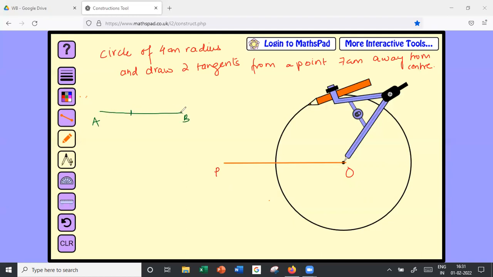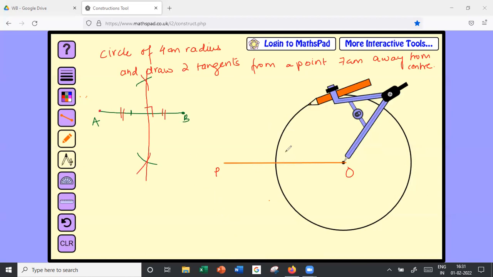Then you keep it at point B and cut one arc on this side. Then you keep it at point A and cut one arc here, and you join these. So this becomes equal to this and this is 90 degrees. This is how you draw a perpendicular bisector for any line, right?